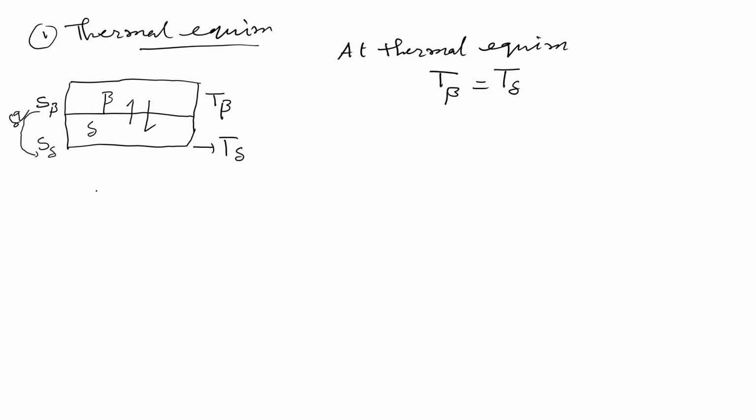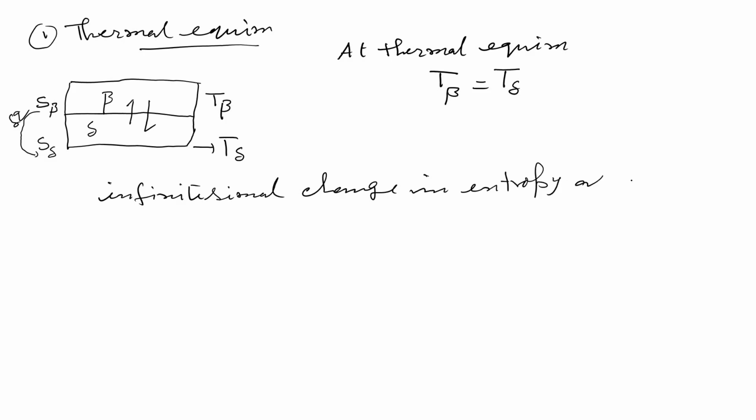Then I am considering an infinitesimal, that means small, change. So the infinitesimal change in entropy at beta phase, what will that be?